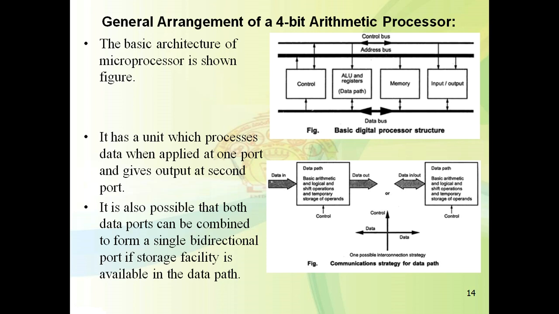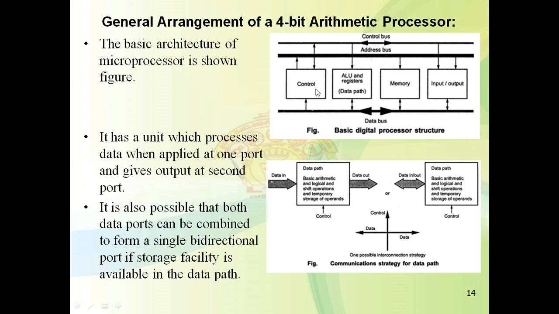Now first we are going to discuss processor design. The general arrangement of a 4-bit arithmetic processor. It is a simple example of a 4-bit arithmetic processor, and how to design it. You can see here the basic architecture of a microprocessor as shown. As an example we are going to study the 4-bit arithmetic processor.